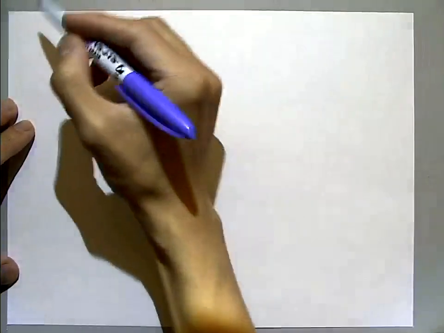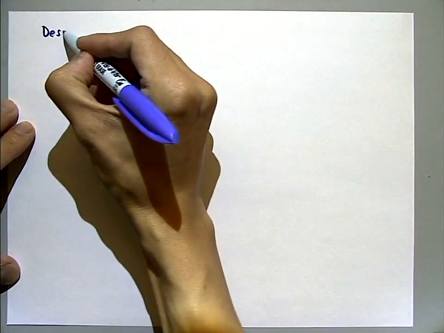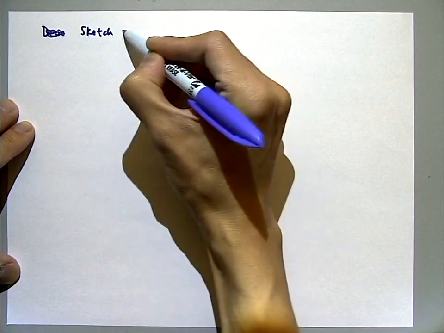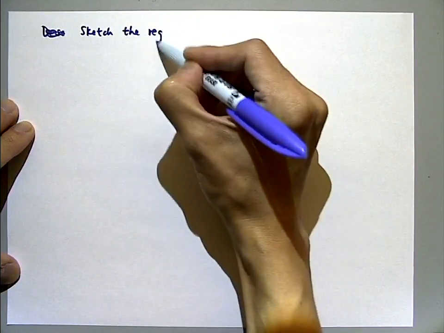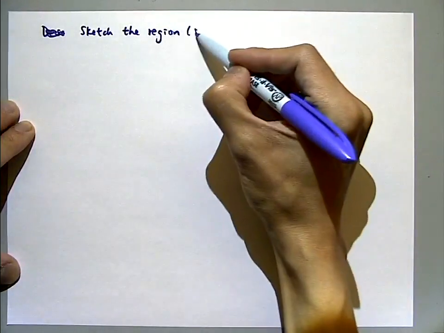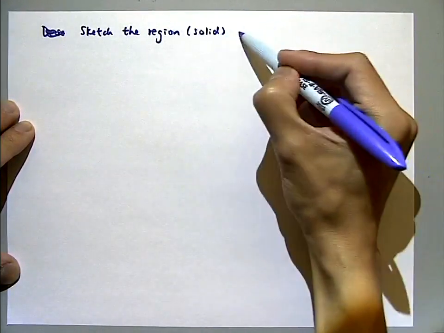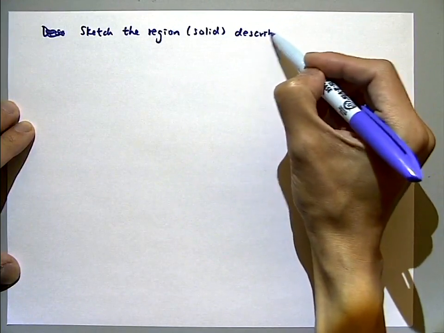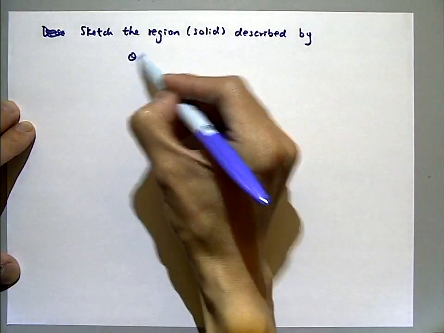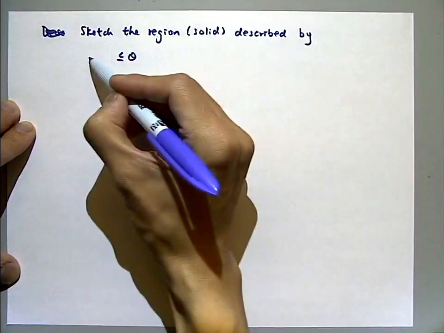Let's do another one kind of like that. Let's sketch the region, really a solid, described by this set of conditions.